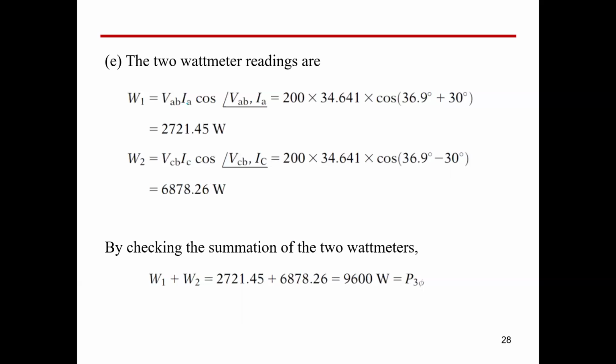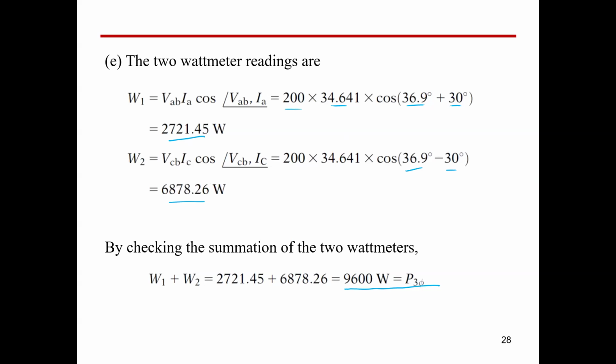So VAB is nothing but V line, IA is nothing but I line, and cosine theta plus 30. And the other one is cosine theta minus 30. And for the total, add W1 and W2 together, and you find that it is equal to the same amount of 3-phase power. Okay, guys, this is what we need from the 2 wattmeter method.